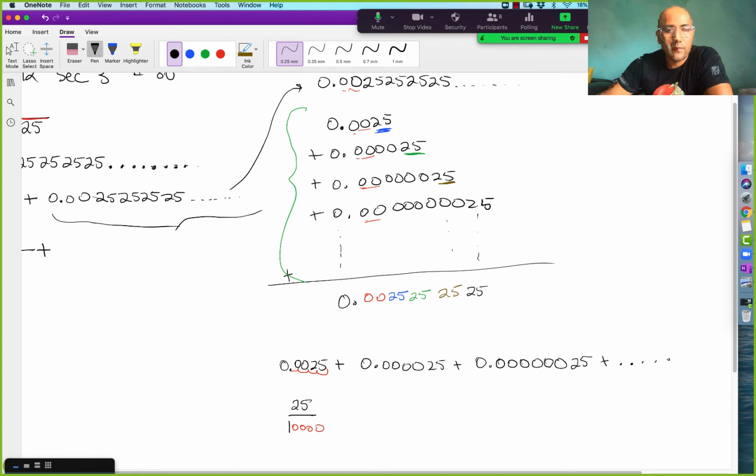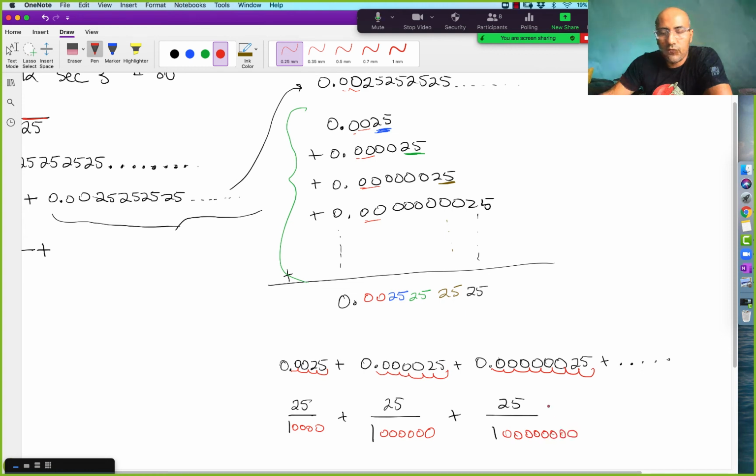The next one is 25 divided by 1 with 1, 2, 3, 4, 5, 6 spaces, so 6 zeros. The next one is 25 divided by 1 with 8 zeros. We get the idea. The pattern continues that way.